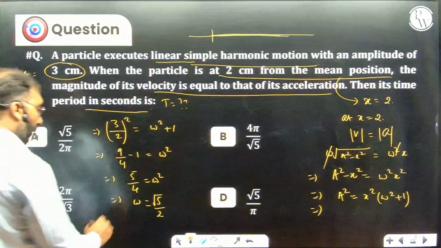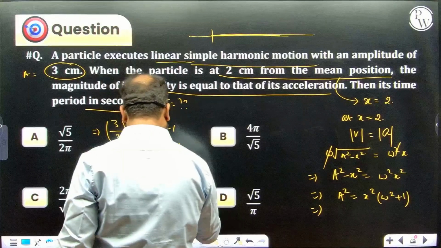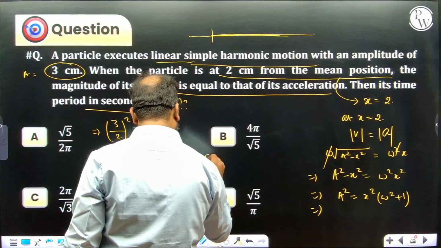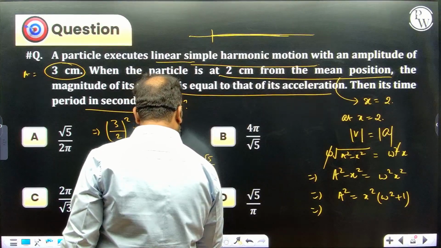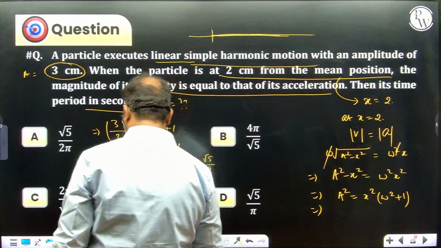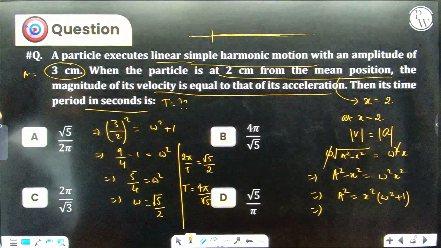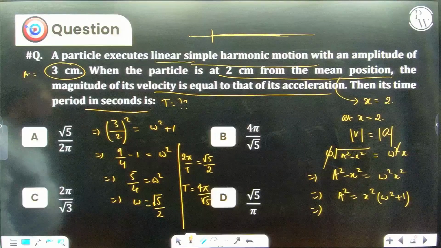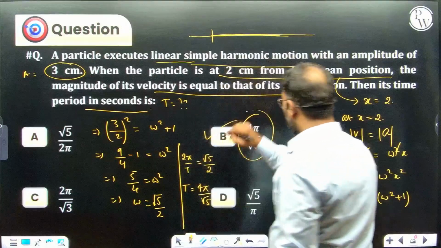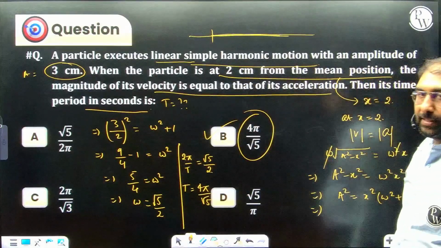And omega is what? 2 pi by T. So we have 2 pi by capital T equals root 5 by 2. So from here T is what? 4 pi by root 5. So B is the correct answer for this question.